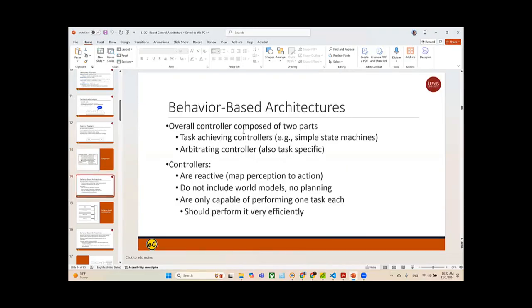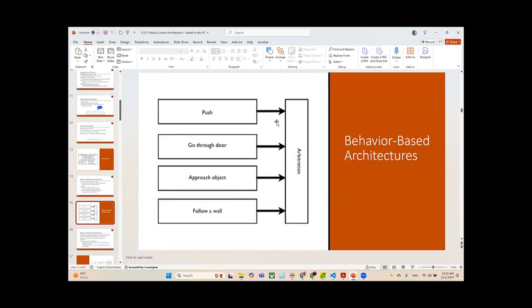Another kind, called behavioral-based architecture, combines multiple plans. Your robot usually may sense and react, but behavioral-based means you may have a few scenarios you already know: the robot pushes the door or goes through the door, approaches an object, or follows a wall. These four plans are what your robot may take.